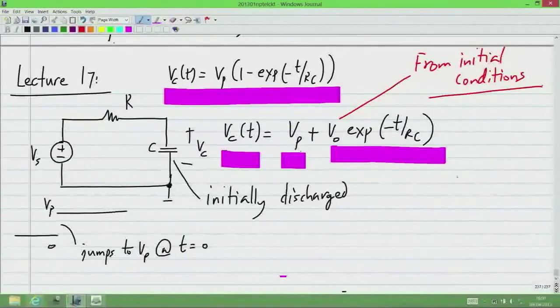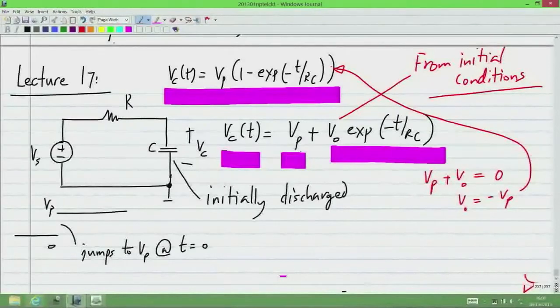In this particular case, we know that the initial condition on the capacitor is 0. We will discuss more the business of initial conditions. So at t equal to 0, Vp plus V0 will be the output voltage, and that has to be equal to 0. So V0 turns out to be minus Vp, giving you this expression. If you start from a different initial condition, of course you will have a different value of V0. So is this clear?